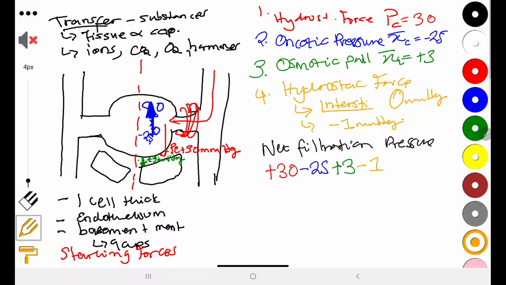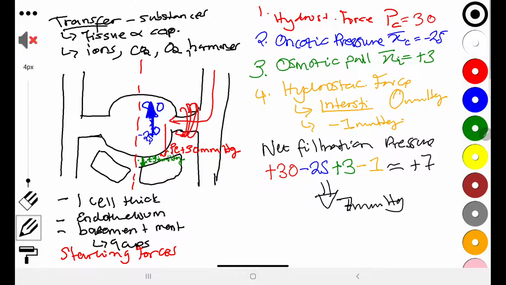So 30 minus 25 will give you 5, plus 3 will give you about an 8, minus 1, approximately a positive 7. So you have a pressure outward of about 7 millimeters of mercury. So you have a push of fluid out.